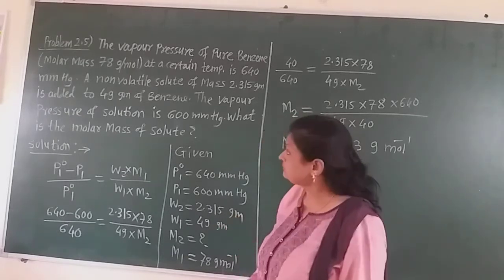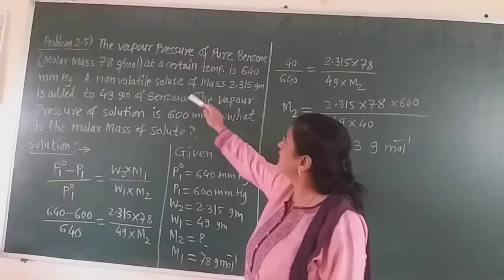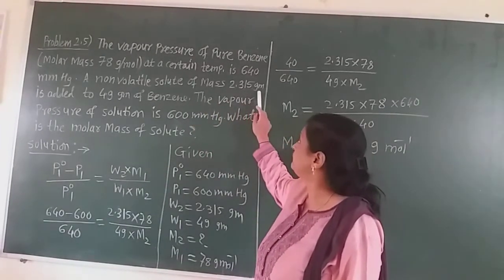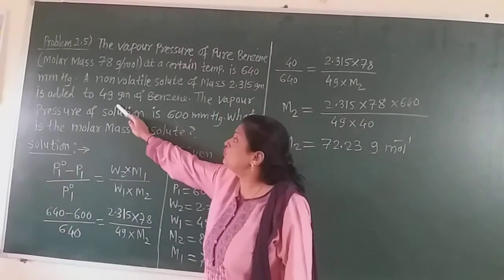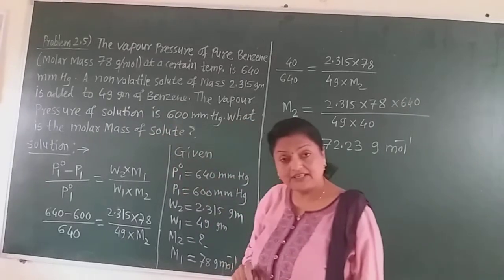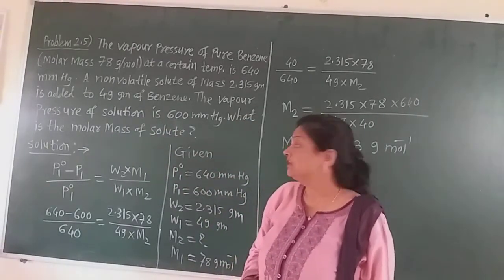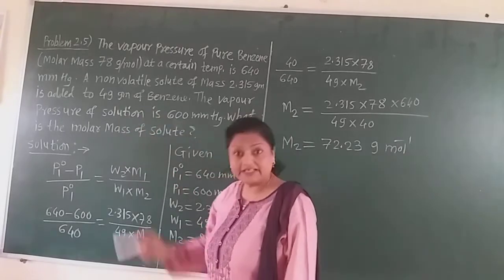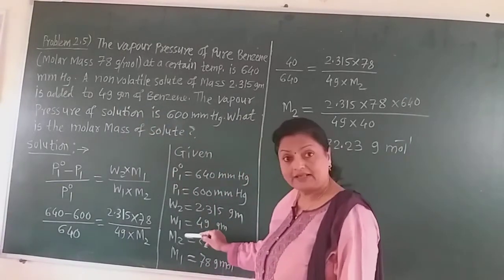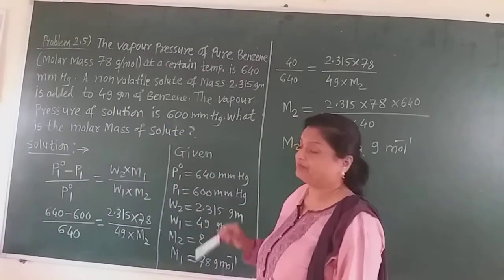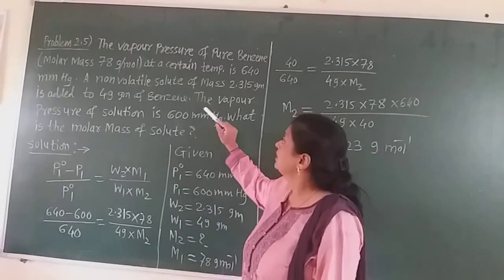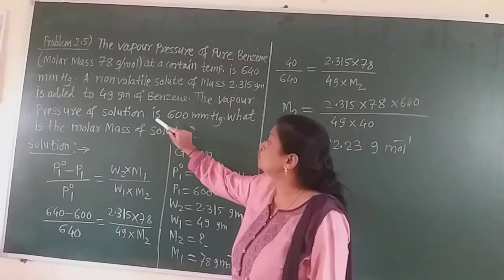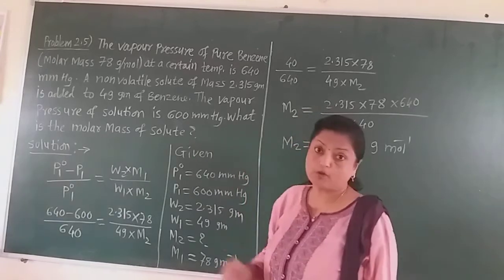Again, the non-volatile solute of mass 2.315 gram is added to 49 gram of benzene. Benzene is the solvent, so the mass of the solvent is also given, that is W1, 49 gram. The vapor pressure of the solution is 600 mm of Hg.